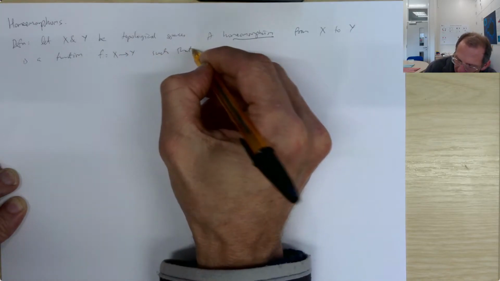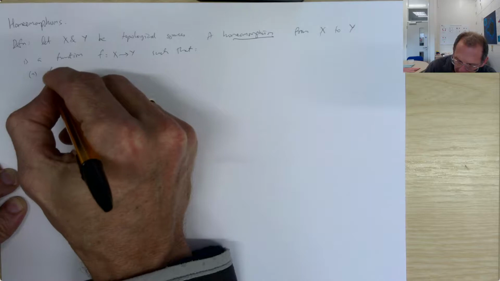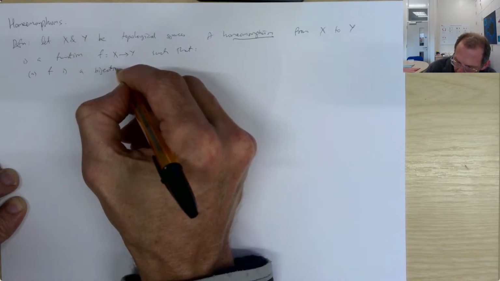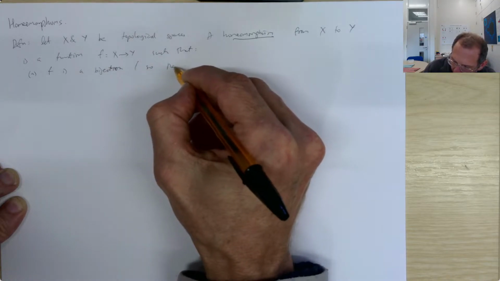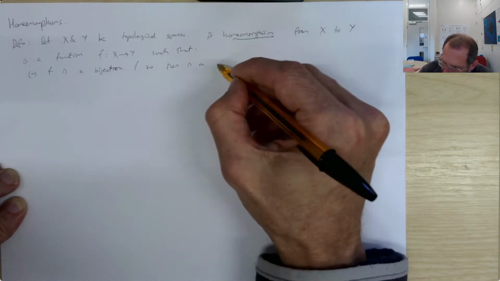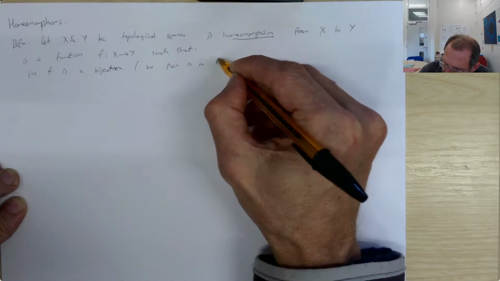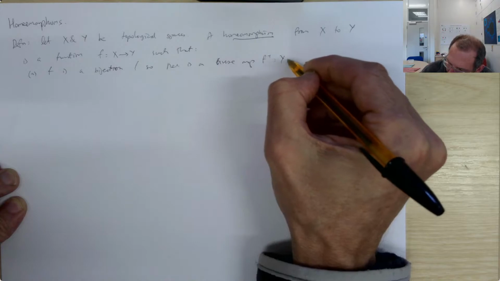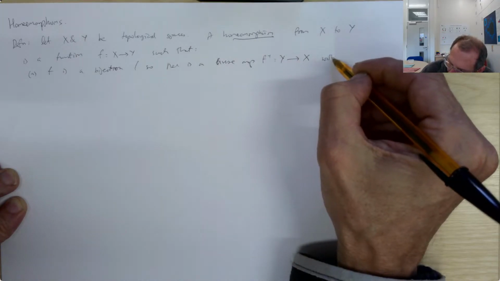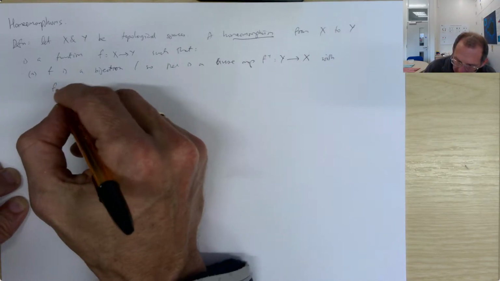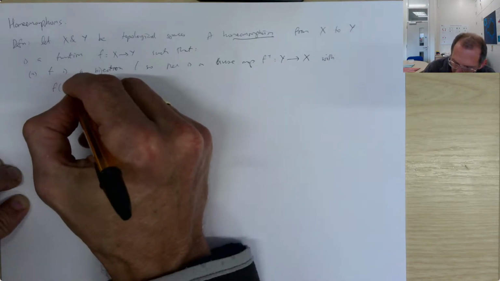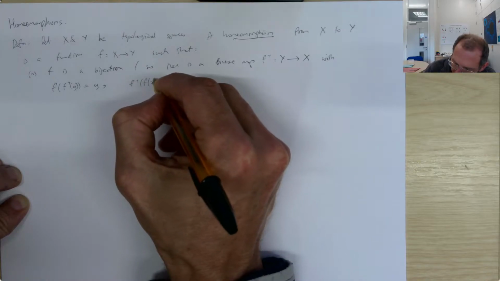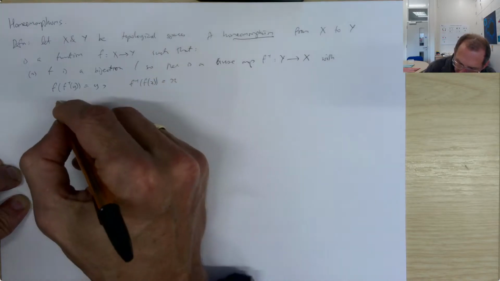such that firstly f is a bijection, which means that there's an inverse map, f inverse going from Y to X, with f of f inverse of y equal to y, and f inverse of f of x equal to x.